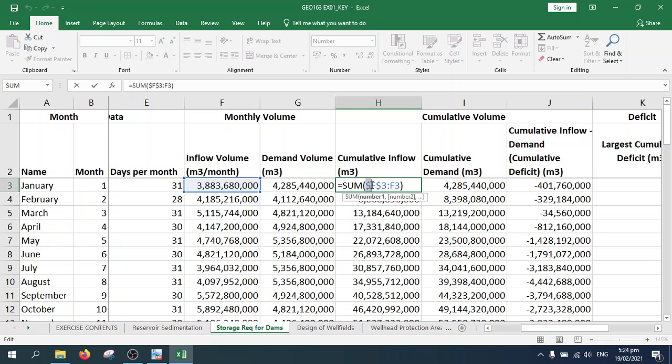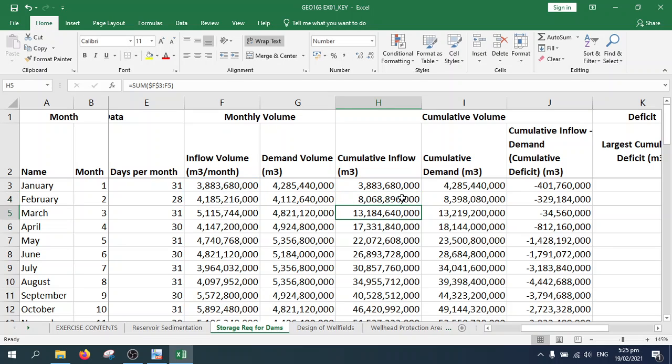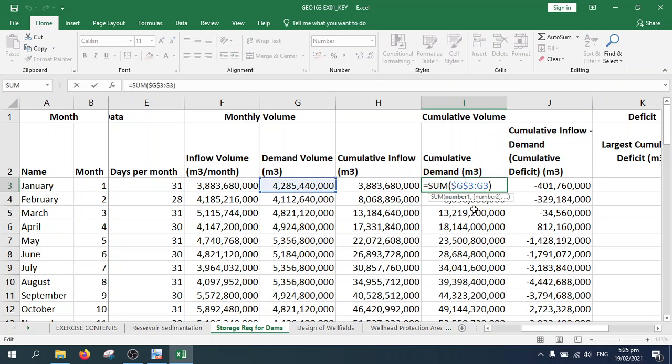But for the first number, I added a dollar sign on F and 3 to indicate that this value will be fixed. All right. So if you propagate this formula, the first value will be anchored on F3. All right. And you just do the same for the cumulative demand. You just anchor the first value to the first data point.